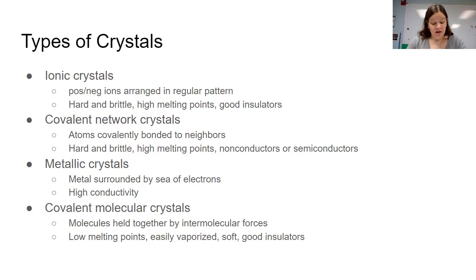The covalent network crystals form when you have covalent bonds between the atoms. So like diamond is a covalent network crystal. Again, hard and brittle, very high melting points. They're generally non-conductors, or some of them are semiconductors.